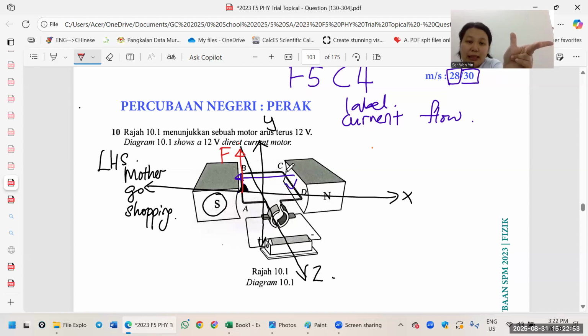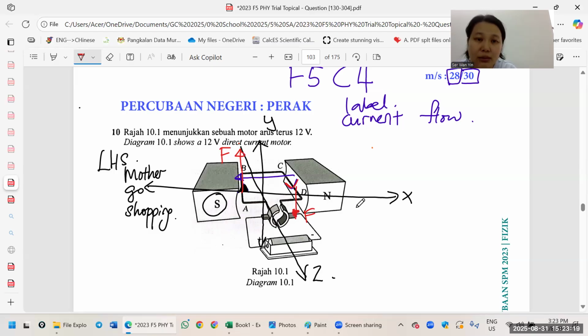Then the other side is your force going the other way. You remember how you fixed your left hand already, you cannot move it. You just change like this. So now you will see the middle finger points to yourself. So the force is going down.